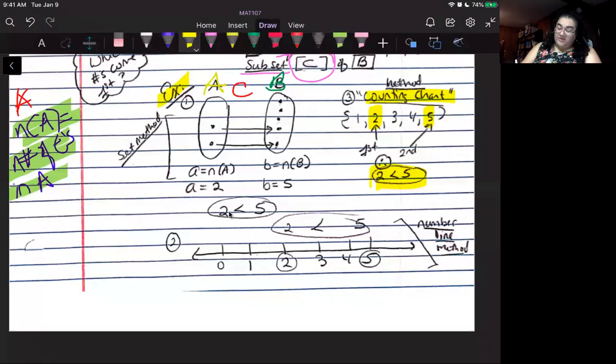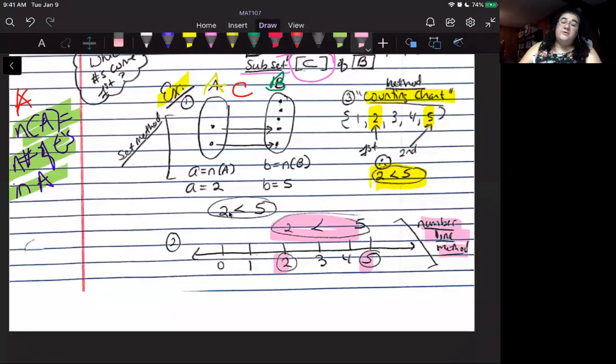So then another method that gets used is the number line, which is one that you're probably very familiar with, where we put the numbers on the number line and we say, well, 2 comes before 5 on the number line, so therefore 2 is less than 5. And this can be successful for many students.